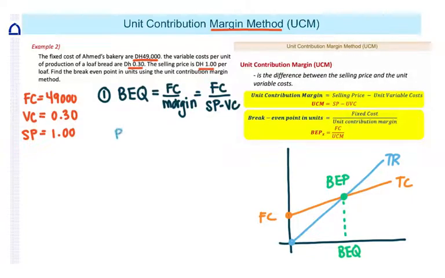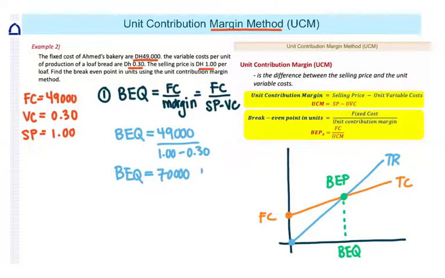So let's plug that in, and we see the break-even quantity is 49,000 divided by 1.00 minus 0.30, and we will get a break-even quantity of 70,000 loaves of bread.